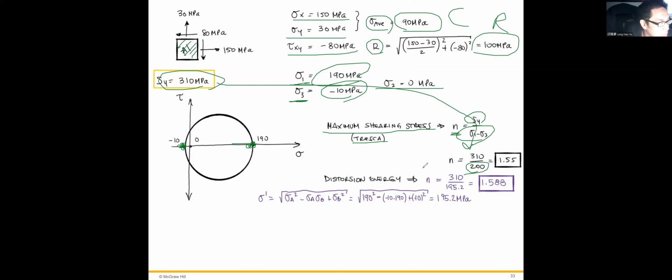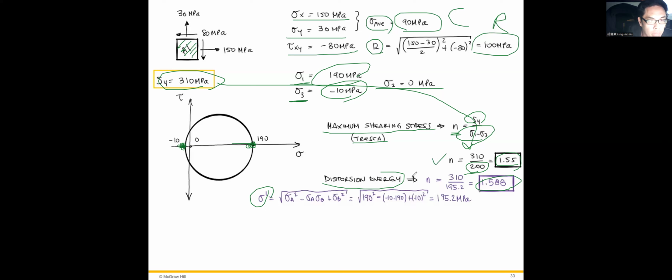We get a safety factor from the maximum shear stress of 1.55, and the safety factor from the distortion energy method equals 1.588. However, for the distortion energy method, we first have to figure out the von Mises stress.